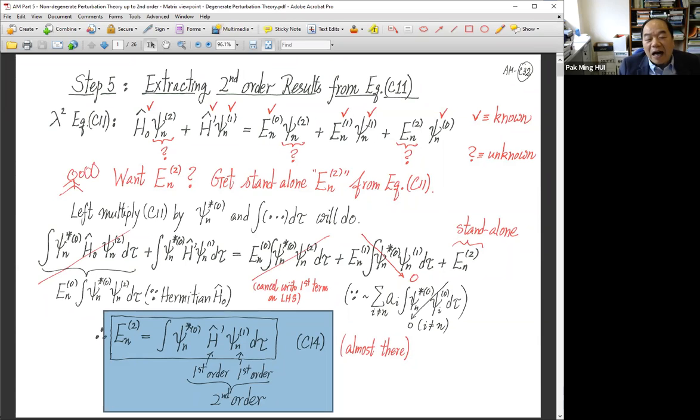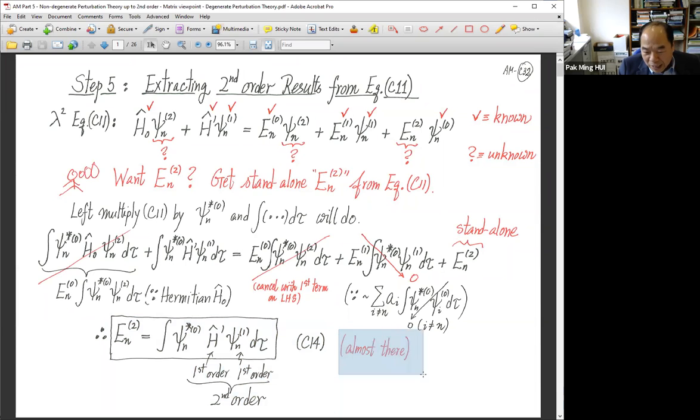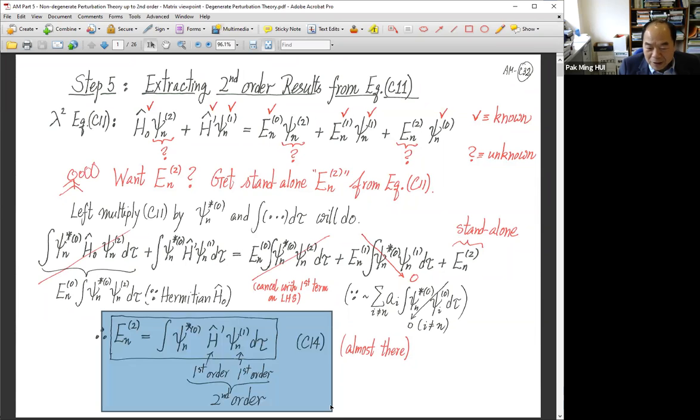Nice. That is actually done, but I would say it's almost there because you do not see this result in this form in all the textbooks. But this is already the result, okay? I remember last time, someone asked me, what if I use the first order state? And then I say, hold on to the formal derivation.